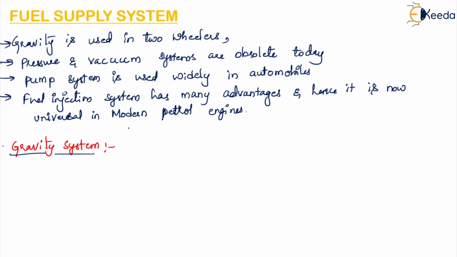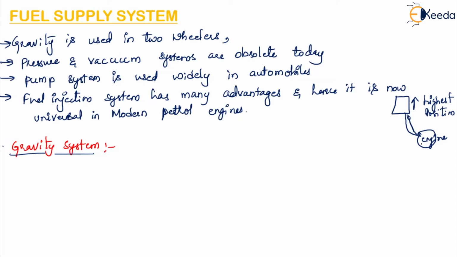So in this, fuel tank is mounted at the highest position. So let us consider this as the fuel tank and this is the engine. So the fuel tank is placed at the highest position and from where the fuel drops into the carburetor.